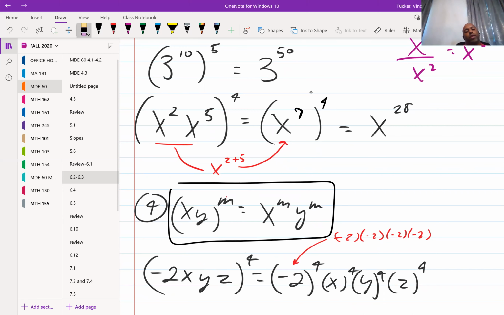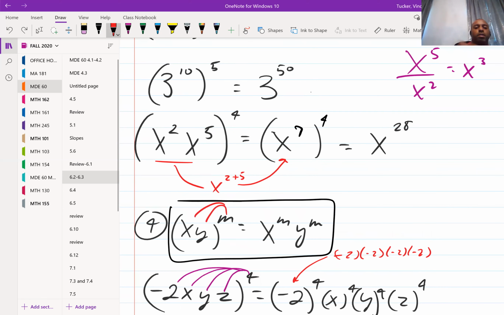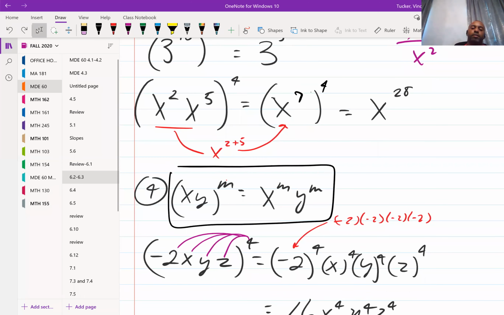So the first one we have is negative 2xyz raised to the 4th power. So this is your original problem right here. We're going to take that 4th power and apply it to each term inside the parentheses.